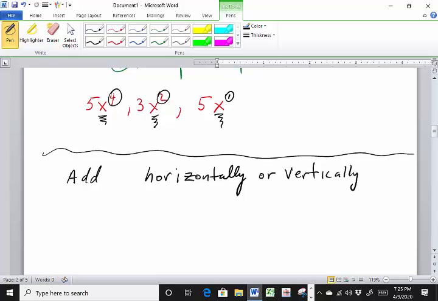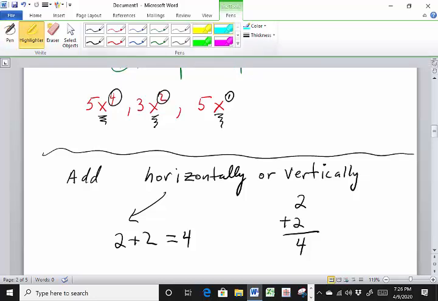Well, what's the difference between the two? Let's look at a simple example. Let's just say if I was to add 2 plus 2, this is adding the numbers horizontally, which is just 4. Well, vertically would be 2 plus 2, like that, and that would be 4. Okay? So for polynomials, it's the same thing. The preferred method, I would say, is to do it horizontally.